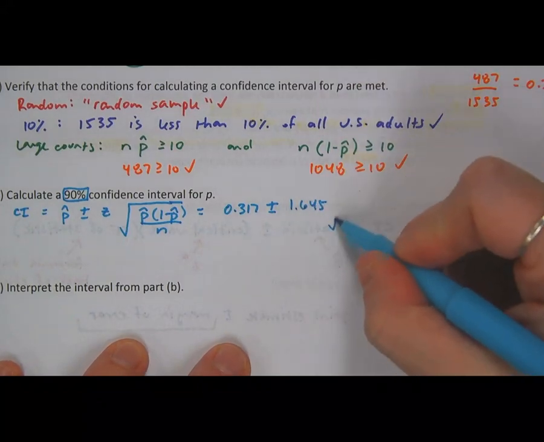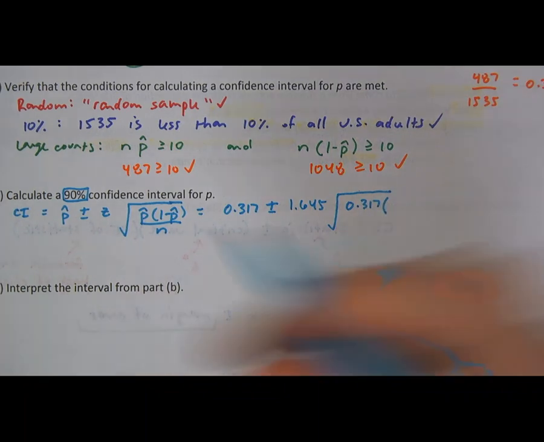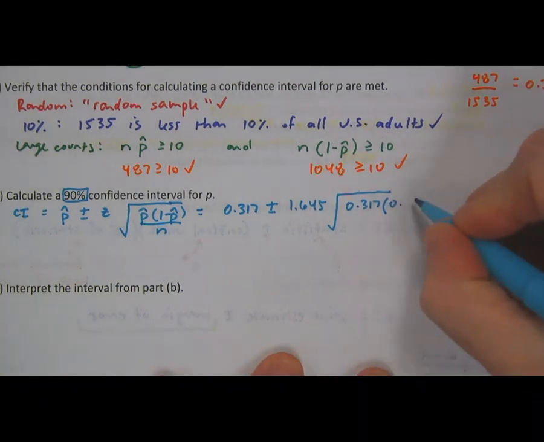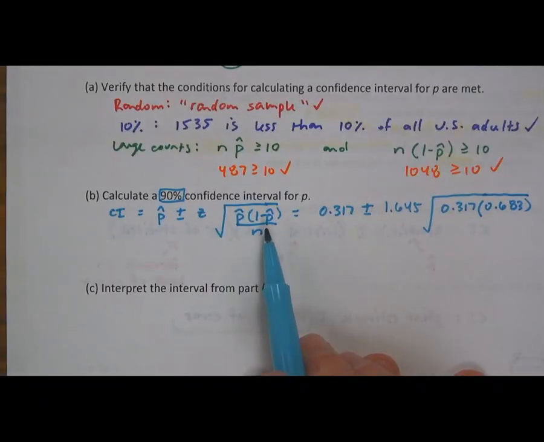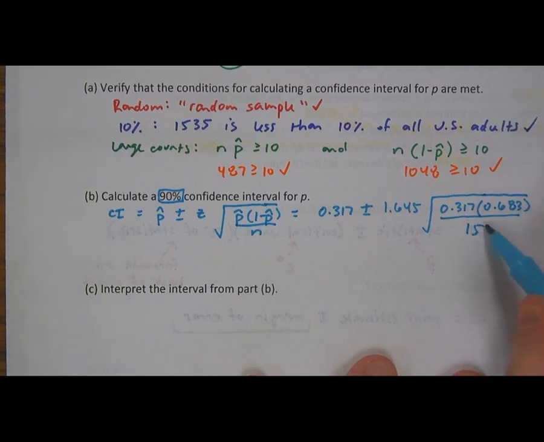1.645 times the square root of 0.317. And I'm going to go ahead and just do 1 minus 0.317 here so that I know 0.683 goes in the parentheses there. That's that 1 minus p-hat. 1 minus 0.317, all divided by the sample size.